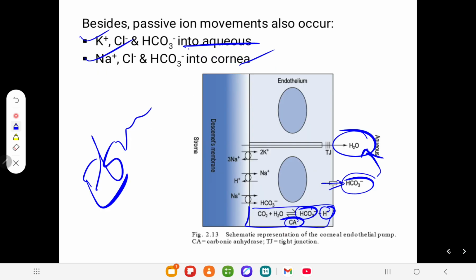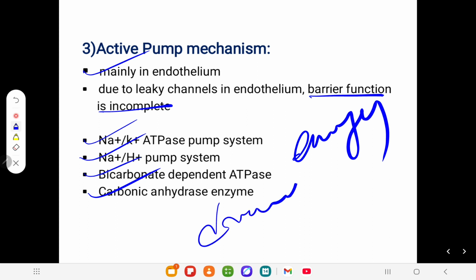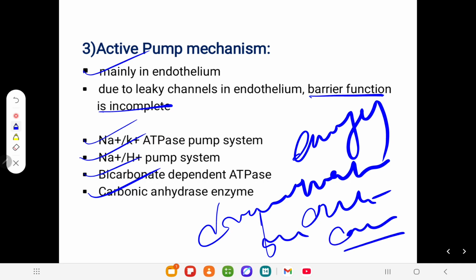So this is a very important concept: the active pump mechanism means using energy, using ATP, it draws water out from the cornea. That's the concept. And whenever we prevent oxygen from the atmosphere passing through a contact lens, the contact lens is a culprit which prevents oxygen, then production of ATP actually reduces, isn't it?